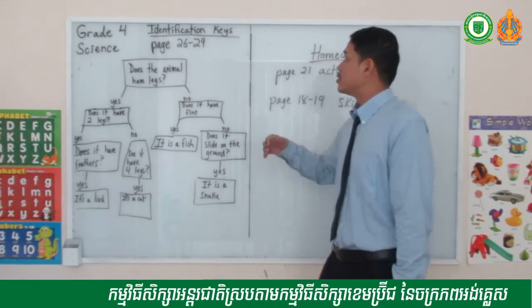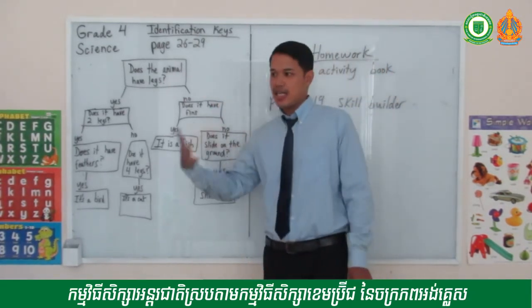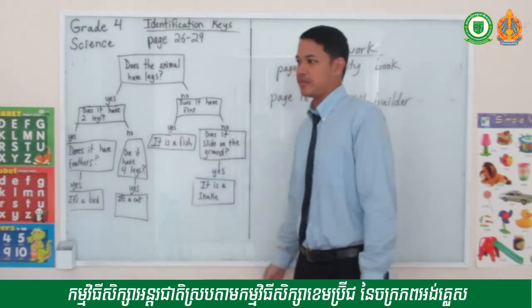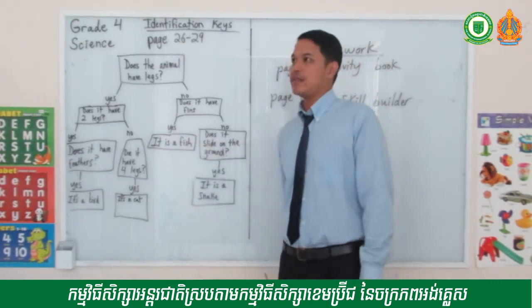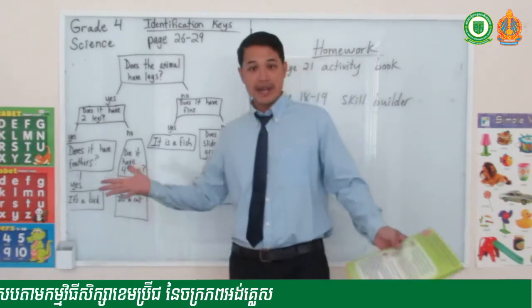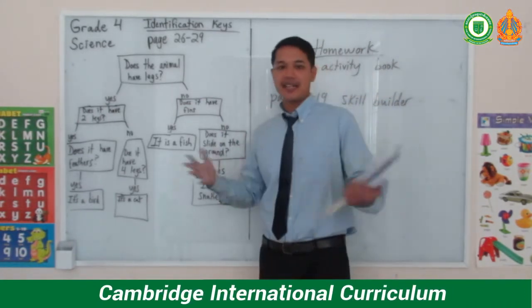We use an identification key to identify an animal, to find out if it's a fish or a snake or a chicken or whatever. They also use identification keys for plants.